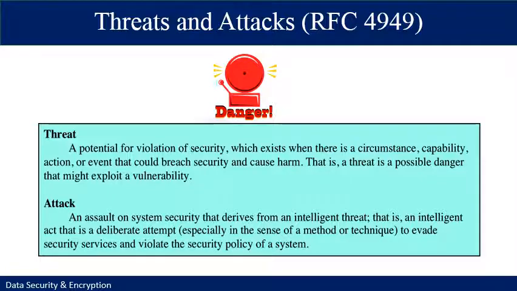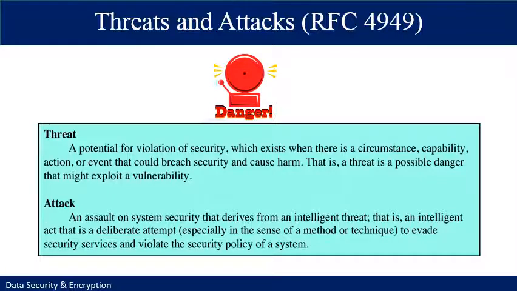Before moving forward, there is a formal distinction between threats and attacks. Just as the terms program and process are often used interchangeably, the terms threat and attack are commonly used to mean more or less the same thing.